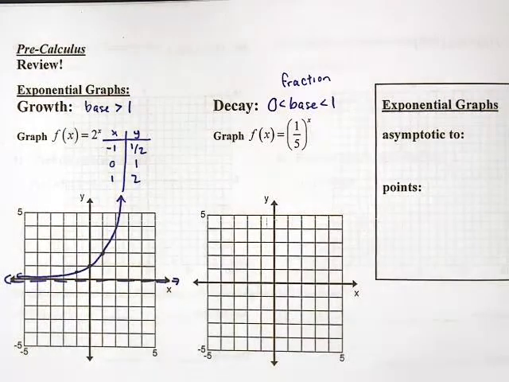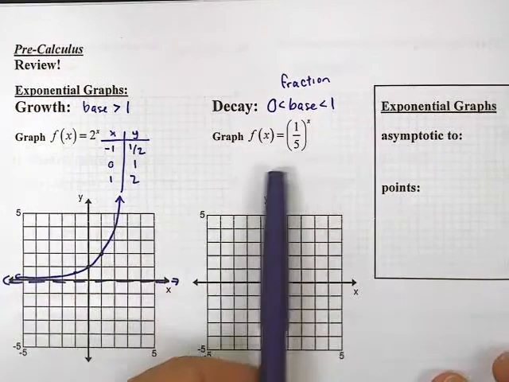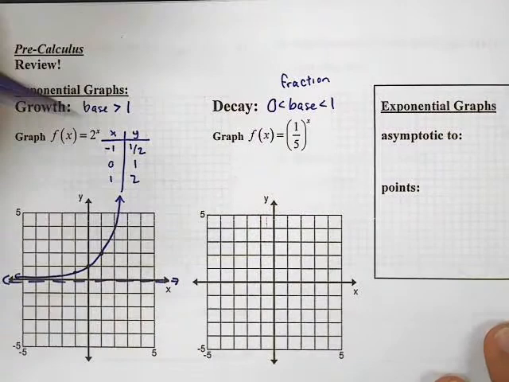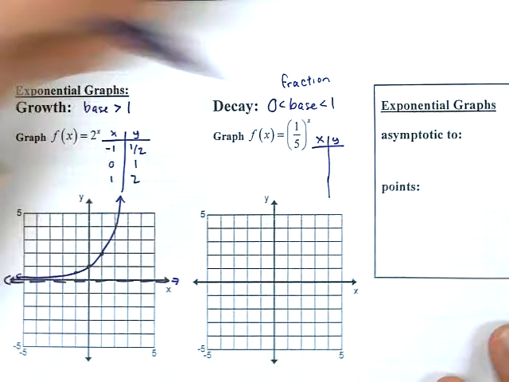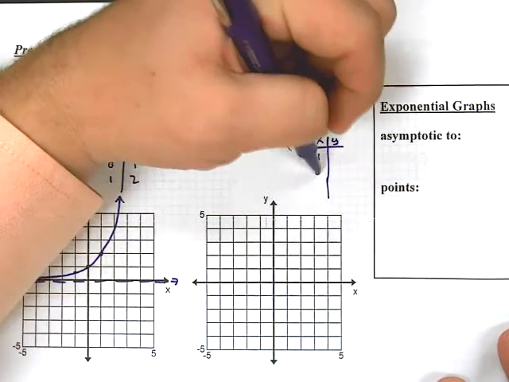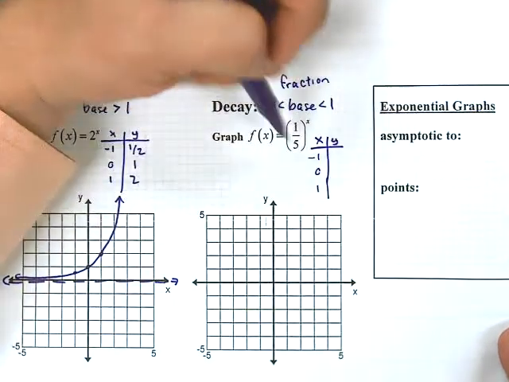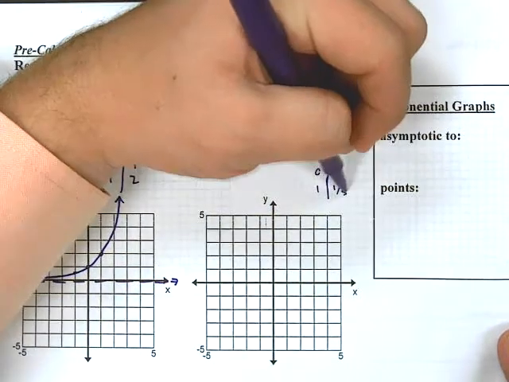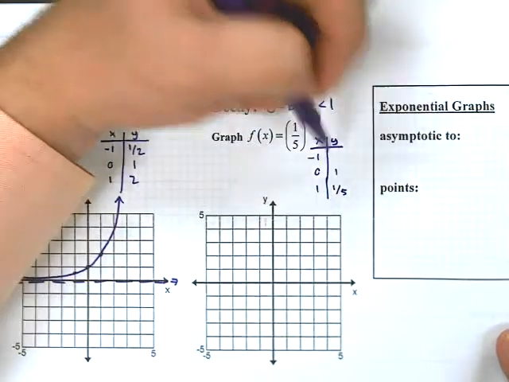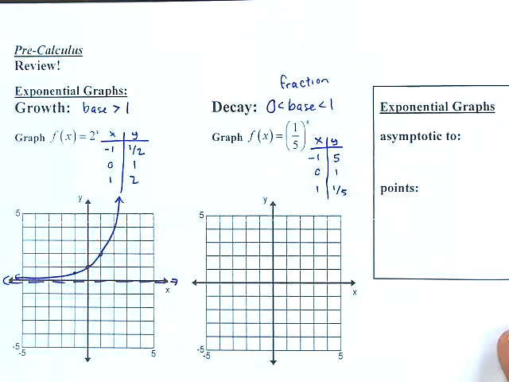All right, what happens when we change and now we look at something like decay? Well, I ask you to do the exact same thing. Still -1, 0, 1. When I plug in now, though, 1/5 to 0 is 1. 1/5 to the first is a fraction, 1/5. And 1/5 to the -1st is that whole number 5.